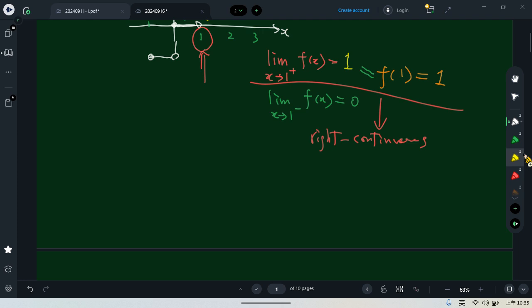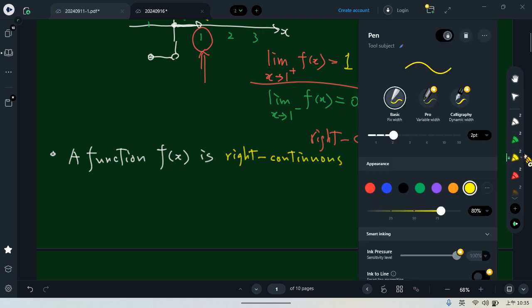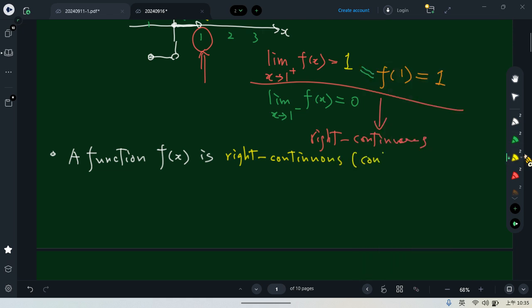So based on this example, I will go back to give you the definition. If a function, we say it is right continuous. That means I need to make sure it is continuous from the right.